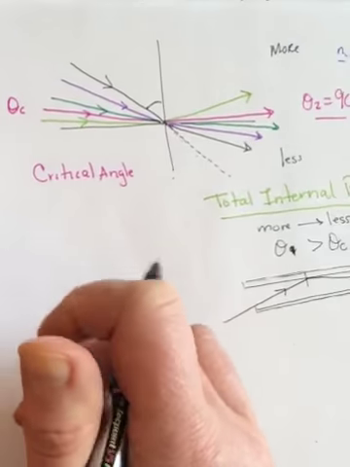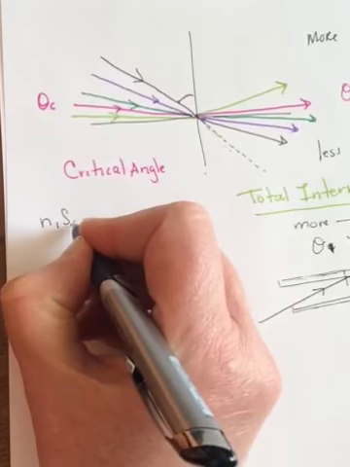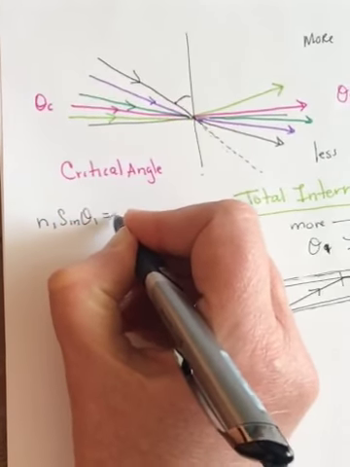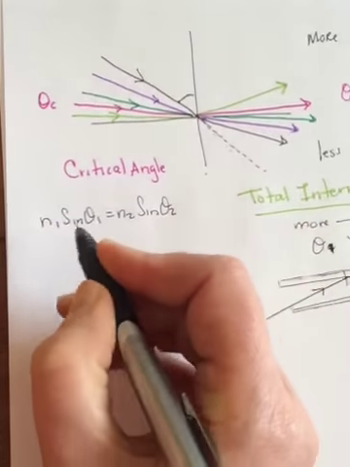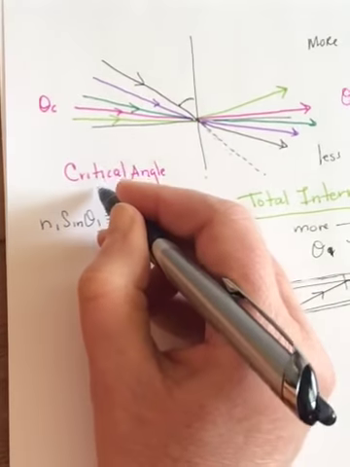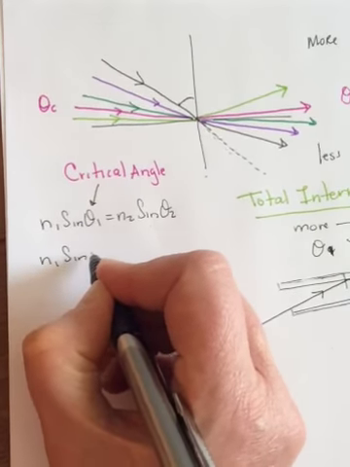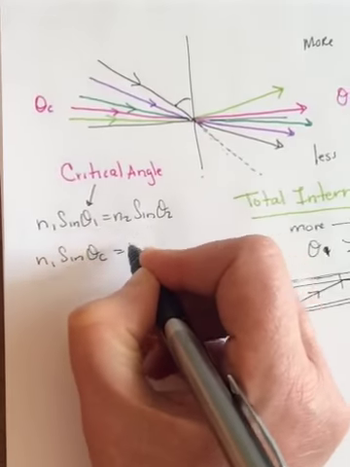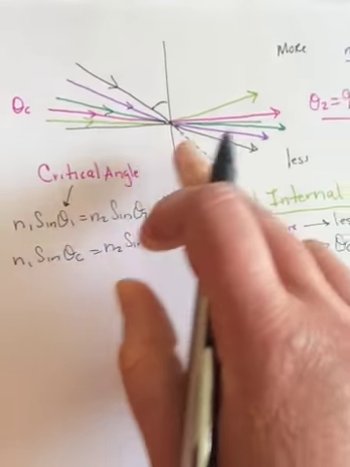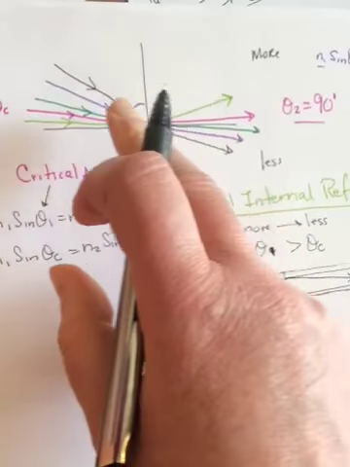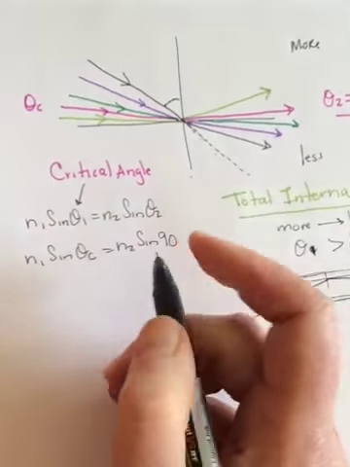But we need to go back to our critical angle, because if we think back to Snell's law, N1 sine theta 1 is equal to N2 sine theta 2, we can use it to calculate the critical angle. So when theta 1 is the critical angle, this becomes N1 sine theta C is equal to N2 times the sine of 90, because by definition, the critical angle is the angle of incidence when the angle of refraction is 90 degrees.